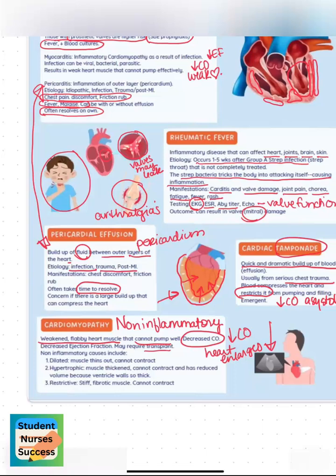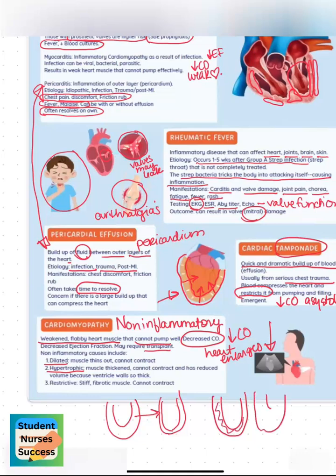Now, the causes are dilated, where the heart muscle thins out and cannot contract. So if we have our heart here and we have our myocardium, what happens is it just gets very thin. And this very thin muscle is not strong enough to contract. Now, hypertrophic is when it gets thicker. With hypertrophic, the heart muscle gets very thick.